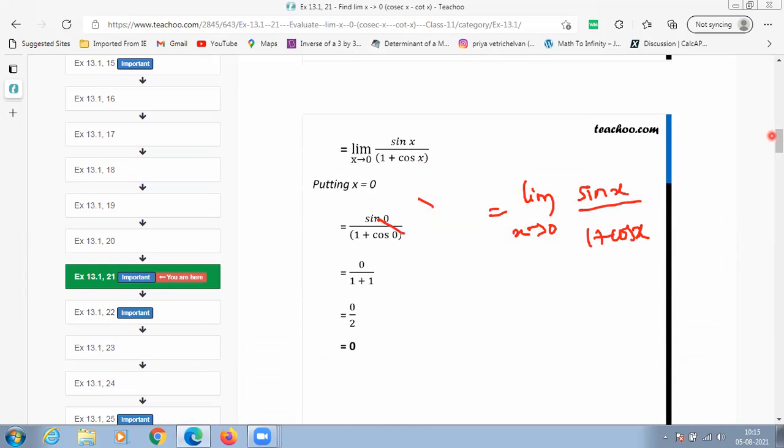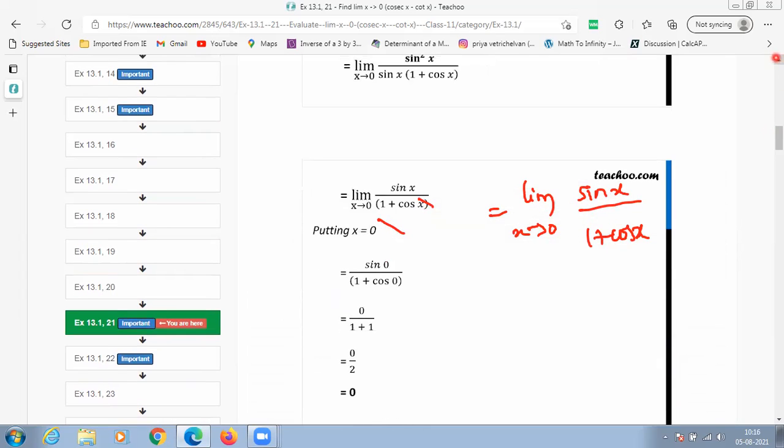Now we'll go for the substitution and see whether the denominator is some positive integer or we are obtaining 0. So it will be sin 0 divided by 1 plus cos 0. We know the value of cos 0 is 1, so you write that as it is.